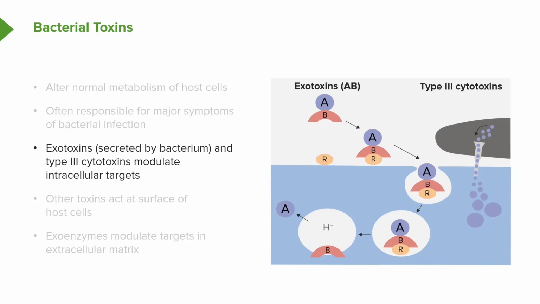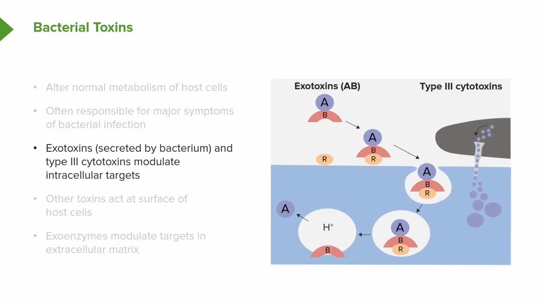Typically, the way they work is they're secreted by the bacterium and they bind a receptor, shown here as R, on the surface of our cells. They are then taken up into the cell by the endocytic pathway, and typically the A component, which is the active component, is released from the receptor binding component and makes its way into the cytoplasm, where it then has its effect on cells.